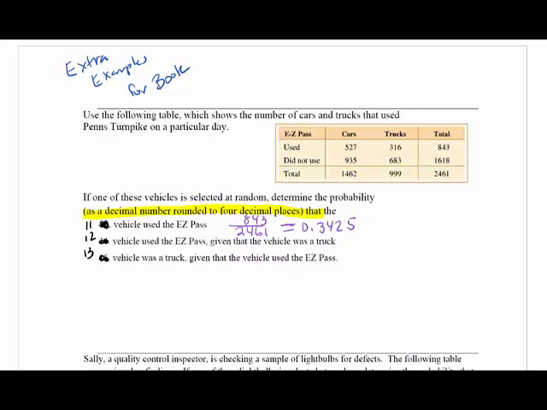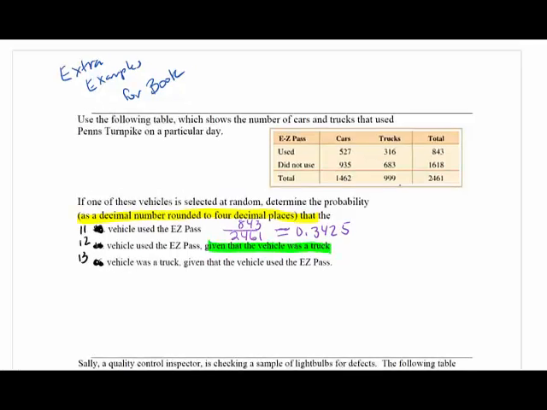Number 12, I do have a given in this case. So I'm going to look at this and start with that for my total possibilities. So given the vehicle was a truck, I'm only now looking at this column, which gives me a total of 999. Out of that that's circled, how many of them used the easy pass?